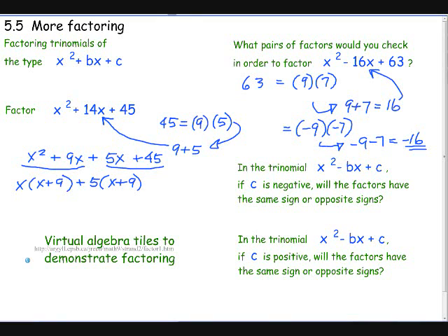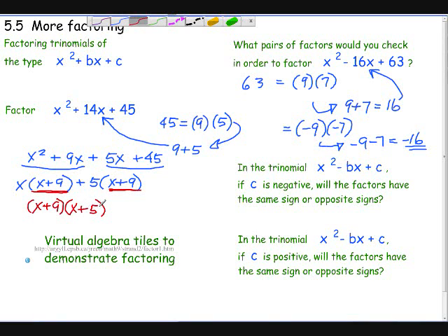And I have the good news I was hoping for, that now my first term, which is all of this, has a x plus 9 as a factor. And my second term has x plus 9, meaning that can be factored out. It's common to my first and my last. And after I factor it out, I'm left with x plus 5.